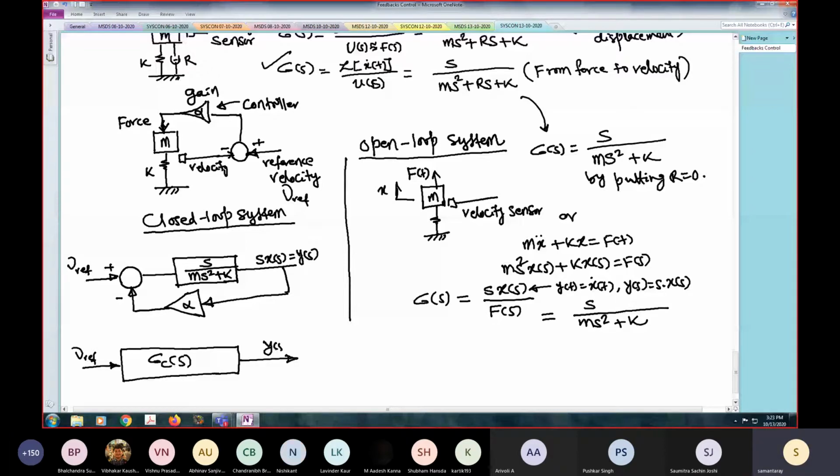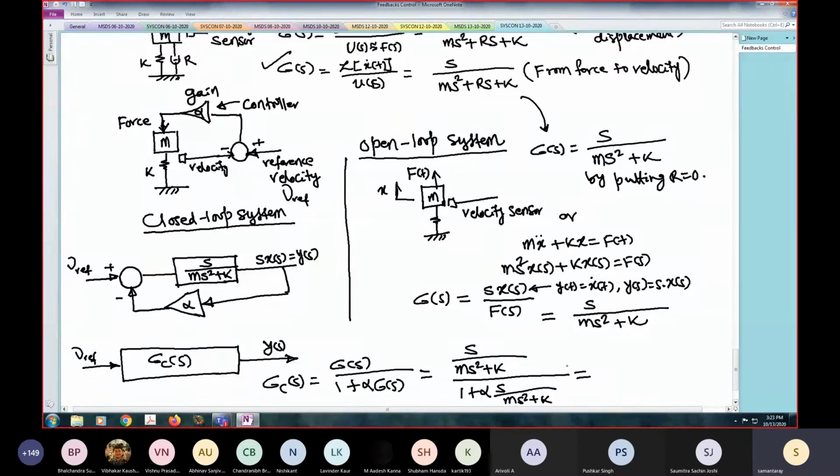How much is G closed loop(s)? It is G(s) by 1 plus alpha G(s). So that becomes s by ms square plus k by 1 plus alpha s by ms square plus k.